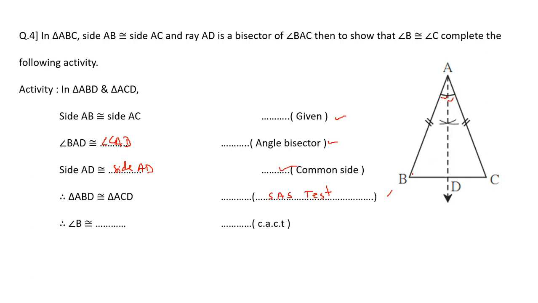Then actually angle ABD is congruent to angle ACD, or angle ABC is congruent to angle ACB in this way.